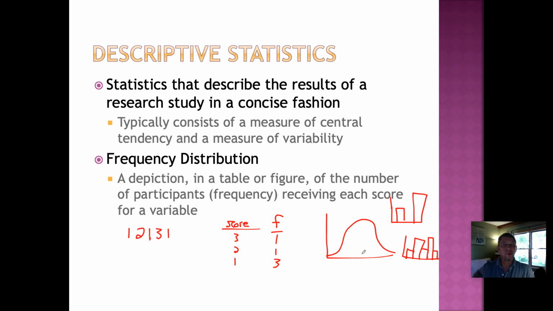We won't get into too much detail with this kind of stuff right now. All right, but that's what a frequency distribution actually is. It's just a depiction in a table or a figure of the number of participants receiving each score for a variable. All right, so if you had 5 people do a certain task, and 3 of them scored a 1, and 1 of them scored a 2, and 1 of them scored a 3, then that represents your frequency distribution.